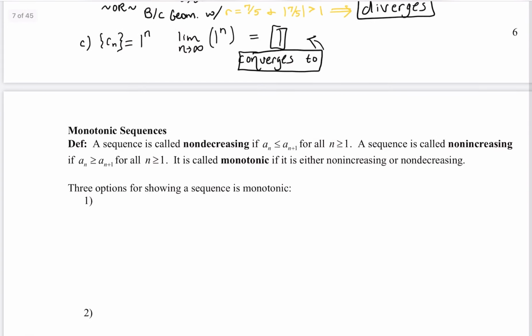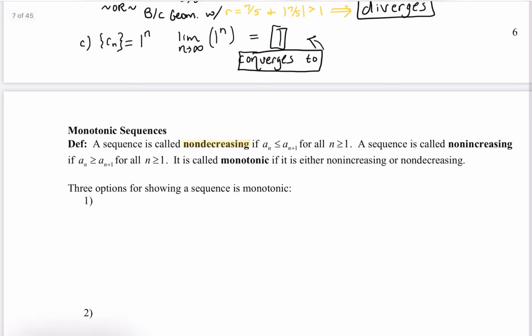All right, now, something else we're going to talk about here is monotonic sequences. So what's a monotonic sequence? In a basic way, we're talking about a sequence that's either increasing or decreasing or equal. So you can have equality. If we talk about a sequence that is non-decreasing, that says that a subsequent term is bigger than or equal to a previous term.